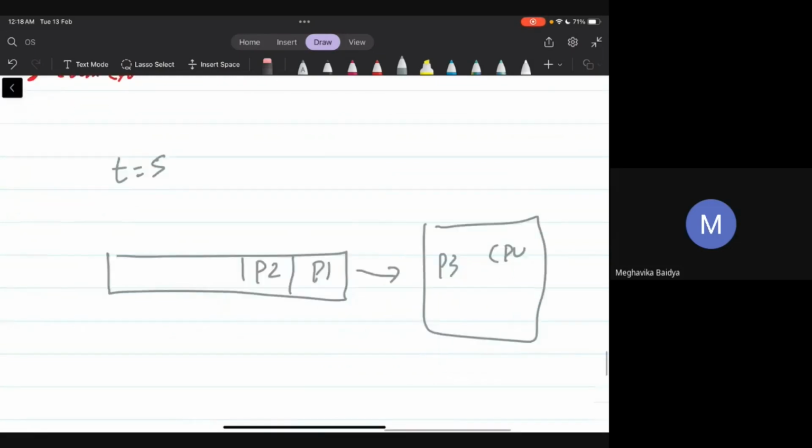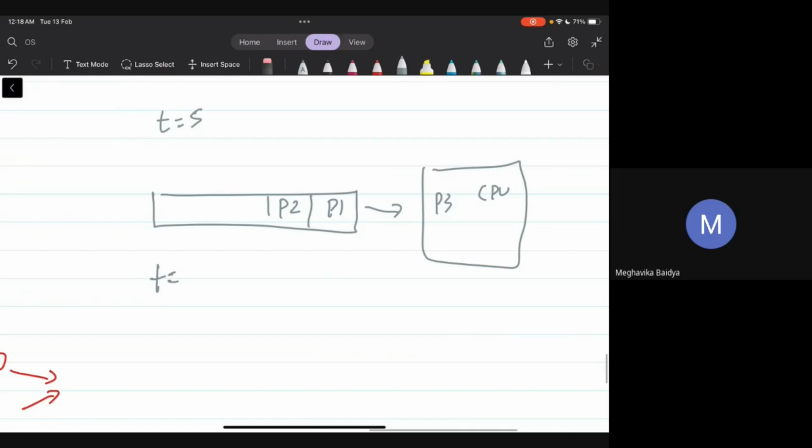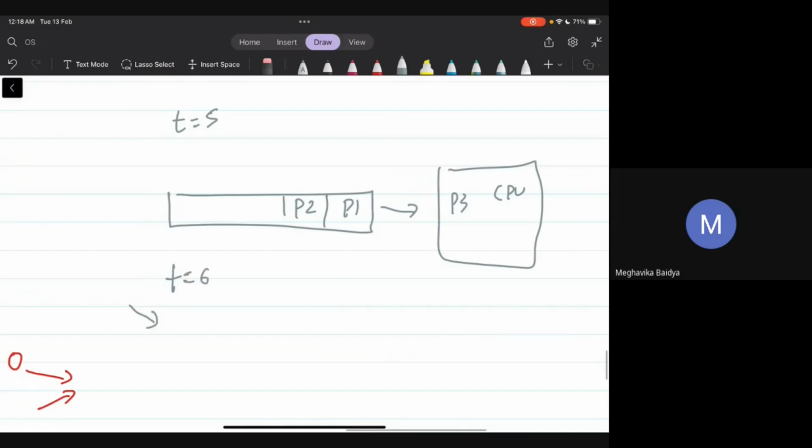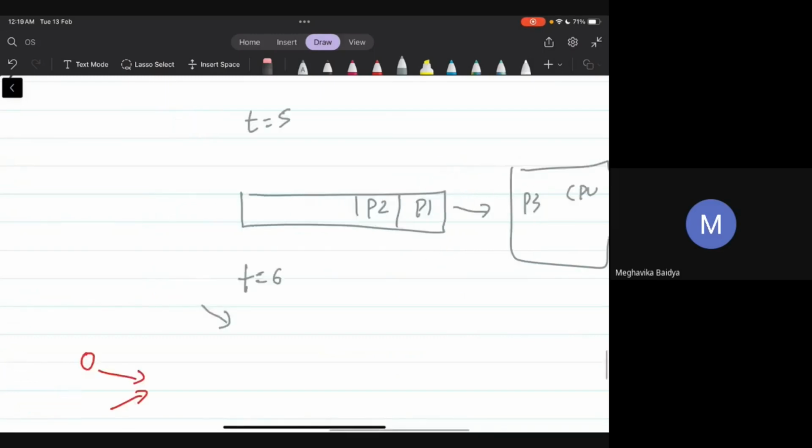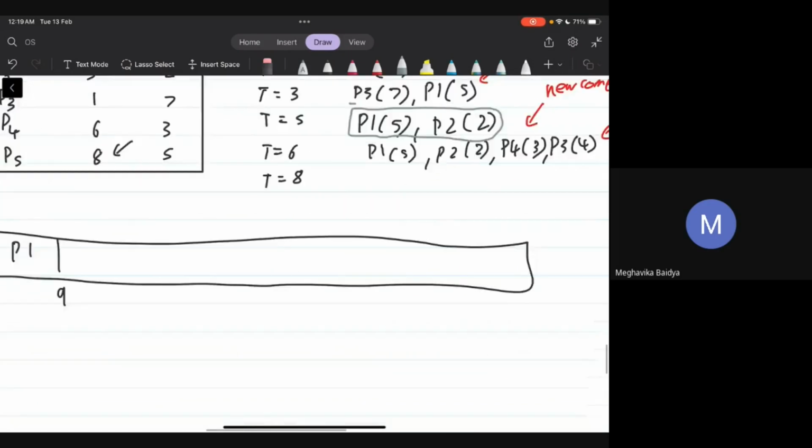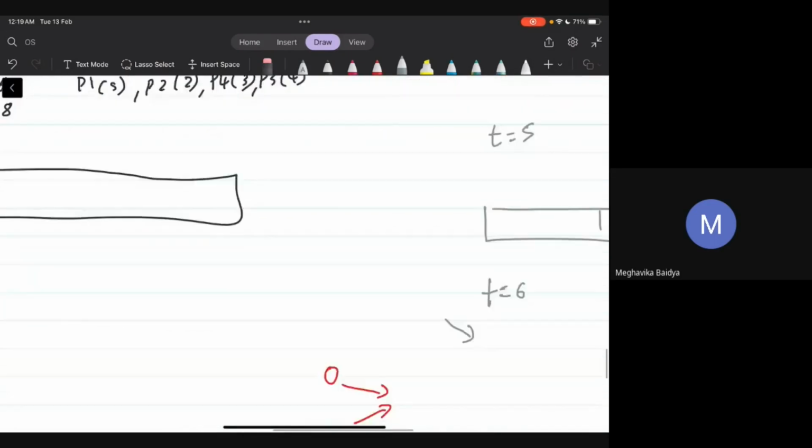Now at t equals 6, you see a newcomer coming, which is the new process P4, right?